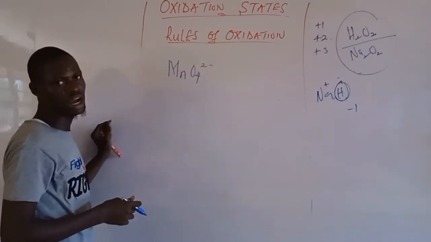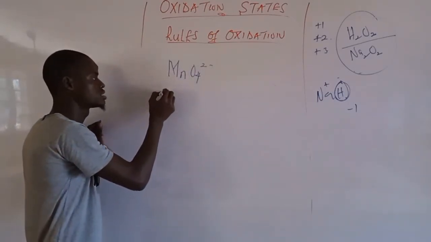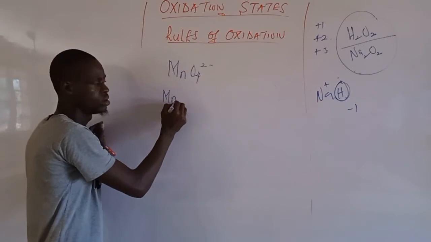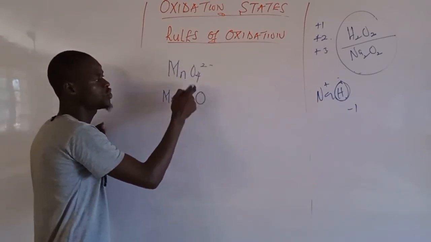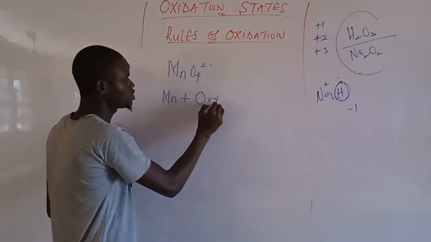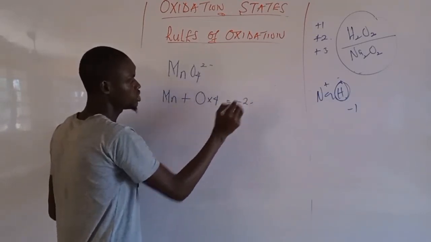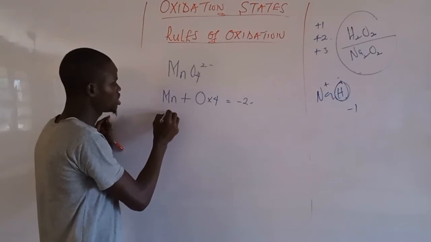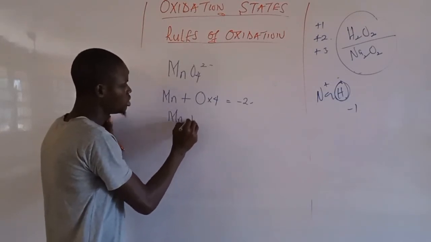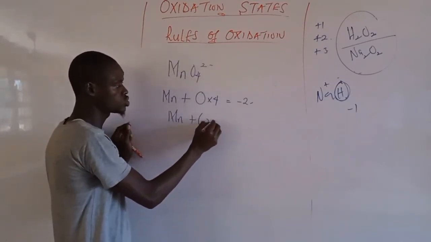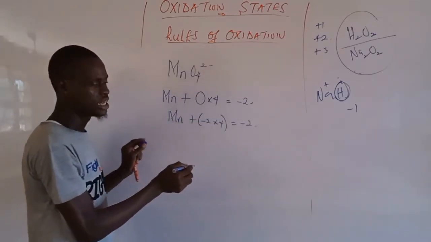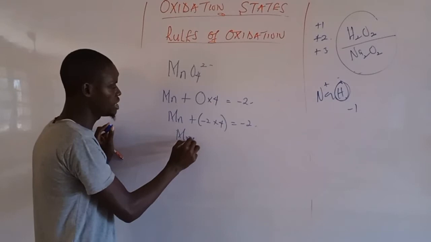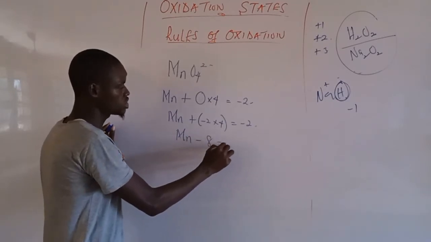What will be the oxidation state of manganese? Here I can have the summation of manganese plus oxygen. We have 4 atoms of oxygen, that is times 4, with each oxygen at -2. So manganese, because I'm looking for it, plus -2 times 4.